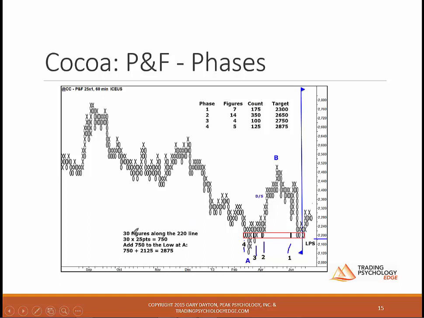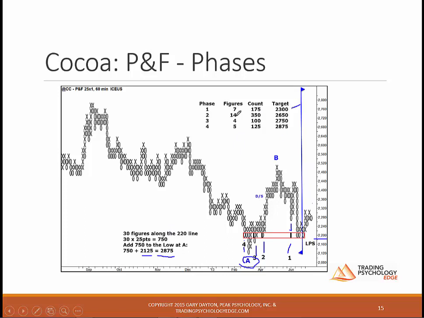Although there's 30 figures on this line for a count of 2875, what we do in reality is we recognize that in phase 1, there are 7 figures, 1, 2, 3, 4, 5, 6, 7 here. And that gives us a count. 25 times 7 is 175. Added to the low of A of 2125, we add 175 to 2125 and we get a target of 2300.